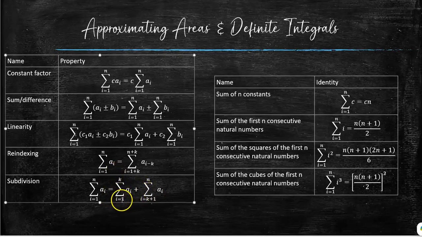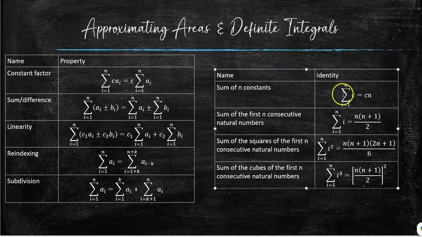Instead of running from 1 to n, you pick some value k and run from 1 to k, and then you pick up the next element after k, which is k plus 1, and run through the remainder of the sum. Some of these formulas are also important to know, but we can treat them as identities, so I'm not going to derive them for you. We're just going to treat them as well-established facts.